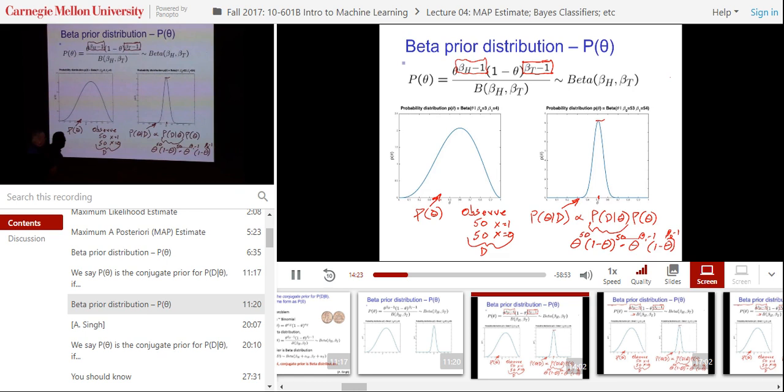We're just saying Bayes' rule lets us get the probability of theta given the data as the product of these two terms.